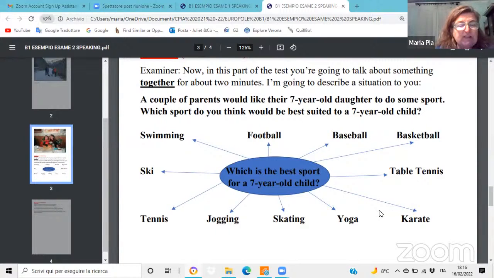And for the sports you do outside, you go: you go swimming, you go skiing, you go jogging, you go skating, okay? Rowing is outside, so you go rowing. Right. Can be canoeing if you prefer. You can go canoeing.